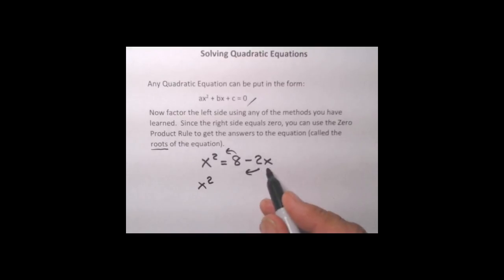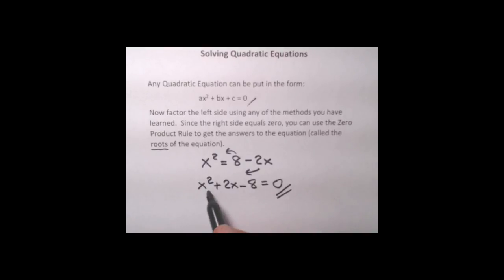I'll bring over the negative 2x, which as it jumps across becomes positive 2x. And then the plus 8 comes over as negative 8. And that, of course, now means since we moved everything on the right away, we've got a 0 over here. And that, of course, is what we always want before we ever try factoring the left.